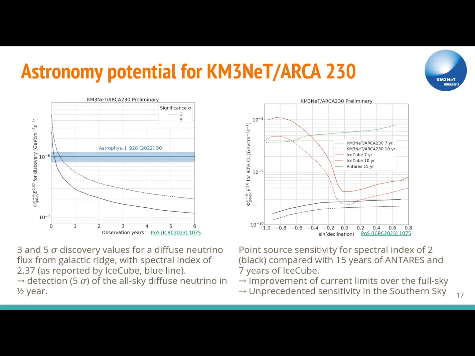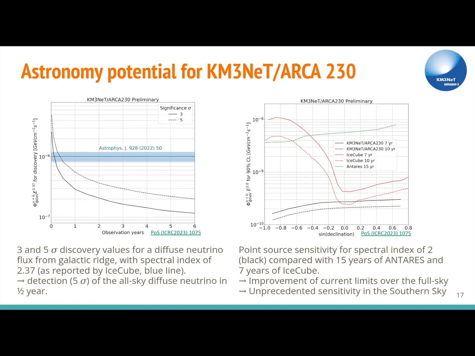So what can we expect from the growth of the detector? On the left, you have the diffuse analysis, the confidence level for a discovery of the diffuse neutrino flux from the galactic ridge, and the 5 sigma discovery would be reached in half a year with the full ARCA detector.